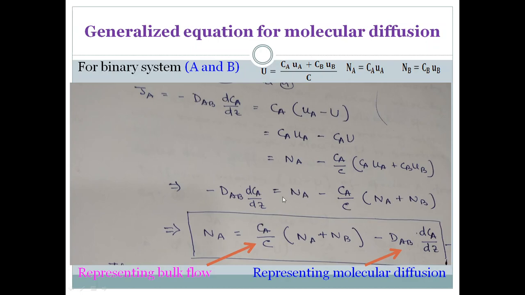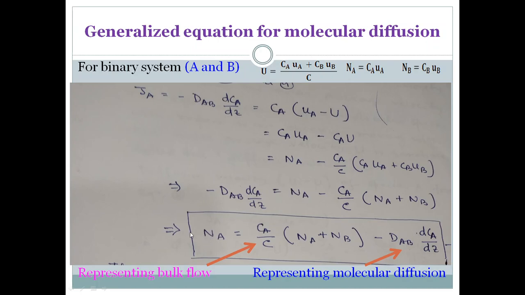Now if you rearrange this, if I take N_A, N_A equal to C_A by C times (N_A plus N_B) minus D_AB dC_A/dZ. If you take this whole term to this side, then it will be this minus this, and that will be your expression of N_A.